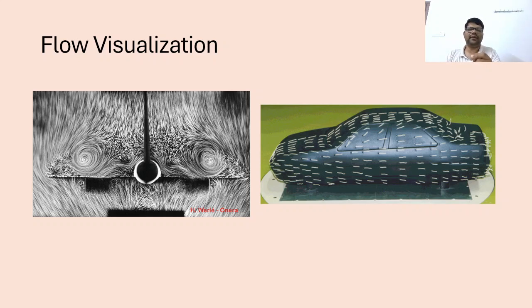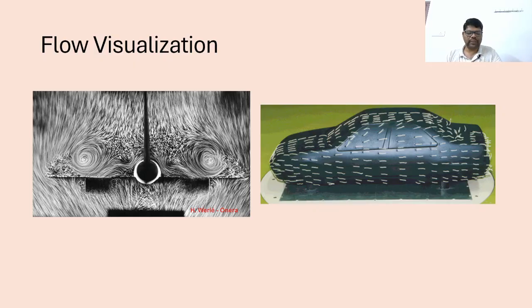When this car is placed inside the wind tunnel, the flow of air over the car makes the different pieces of thread, the tufts, orient in different directions. The orientation of the tufts indicates the direction of the flow. So this is one of the flow visualization techniques.